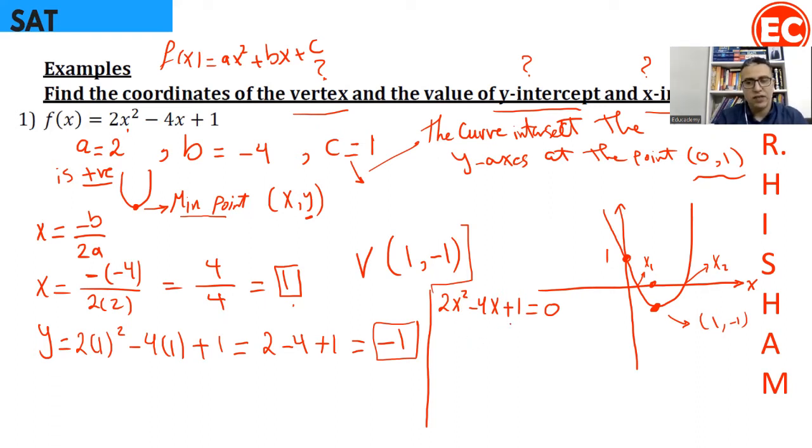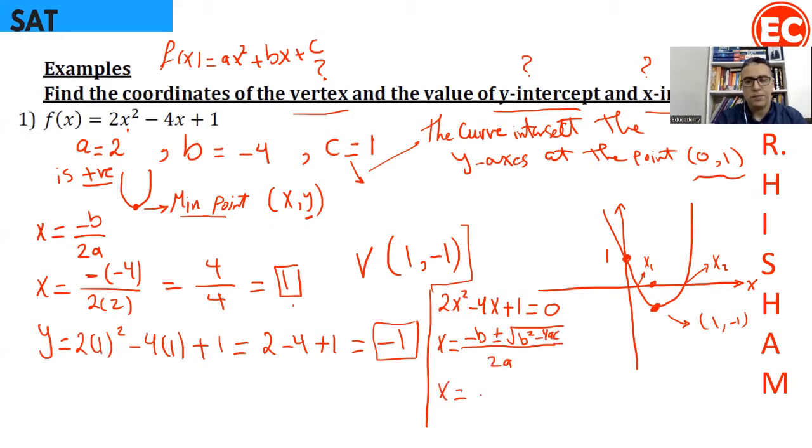And it's clear for us that this one is by quadratic formula. You have a video for how to use the quadratic formula. The quadratic formula is negative b plus or minus root b squared minus 4ac, divided by 2a.